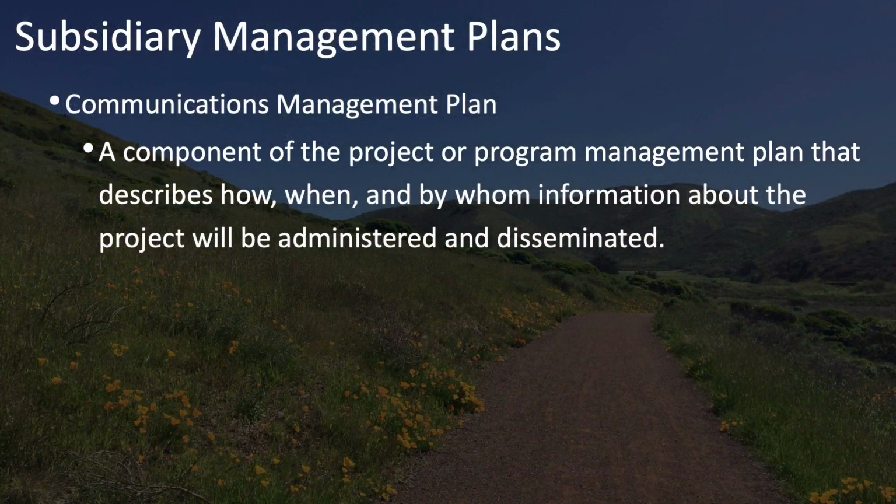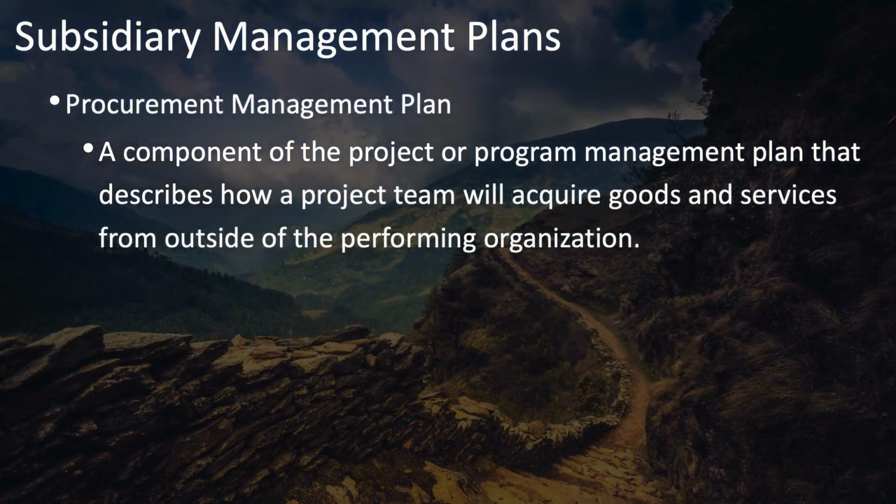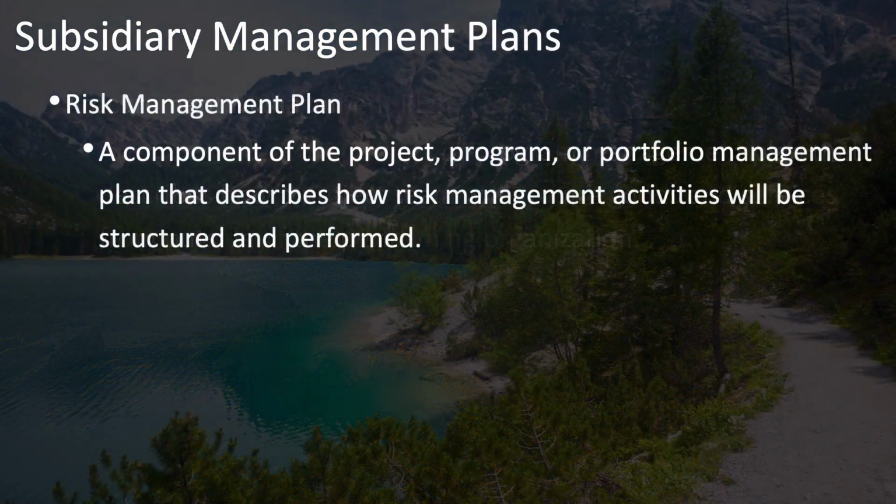Then comes the communications management plan, which describes how, when, and by whom information about the project will be administered and disseminated. The procurement management plan describes how a project team will acquire goods and services from outside the performing organization. The risk management plan describes how risk management activities will be structured and performed.